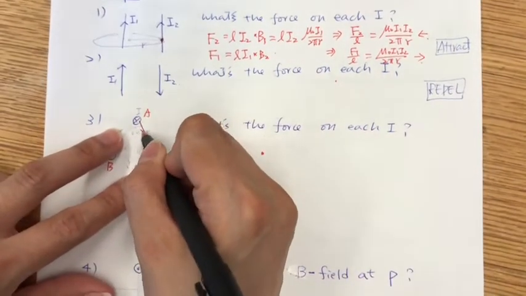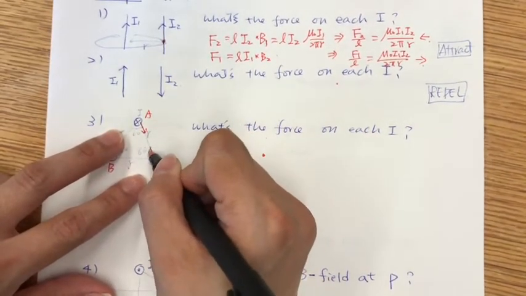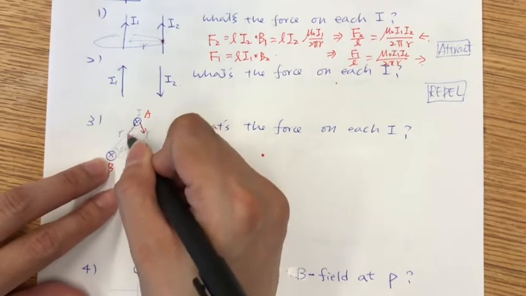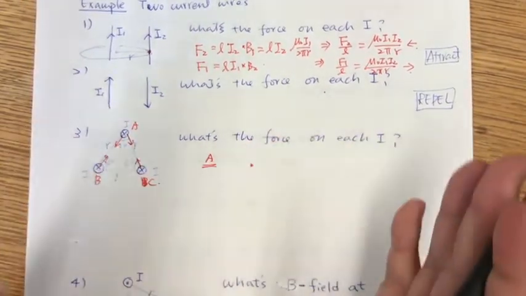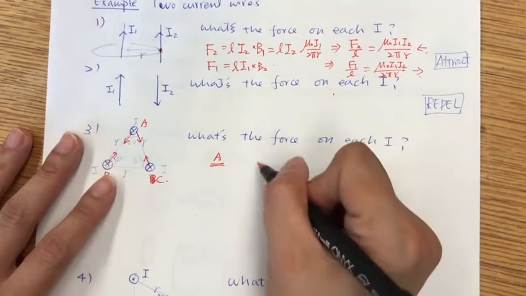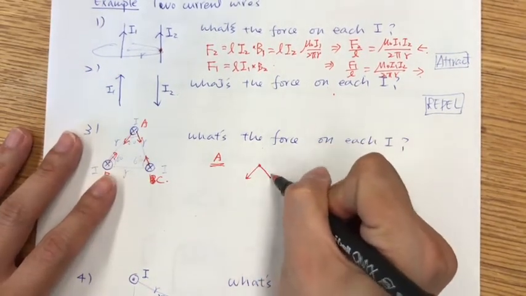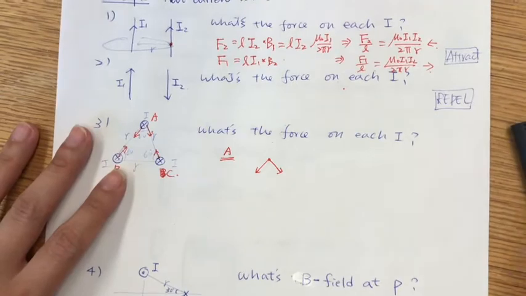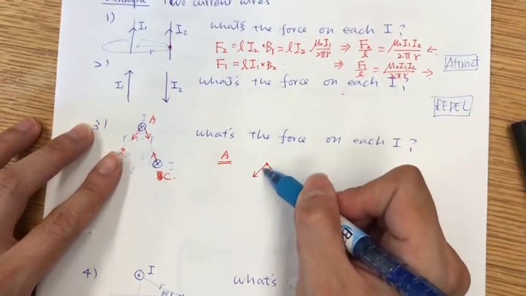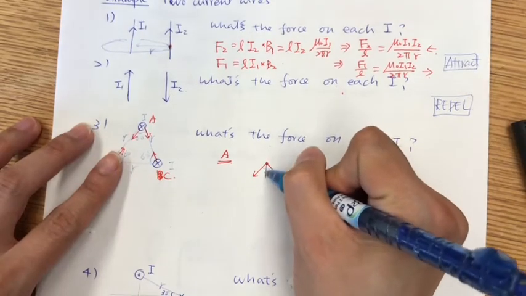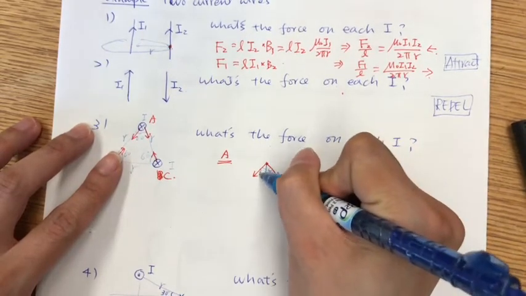So this will be attracted to this, and similarly this will be attracted to this. If I draw the free body diagram, drawing all the forces on A, it will be this direction. Where this angle is 60, so half of it will be 30, 30.